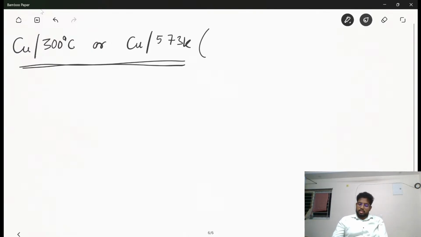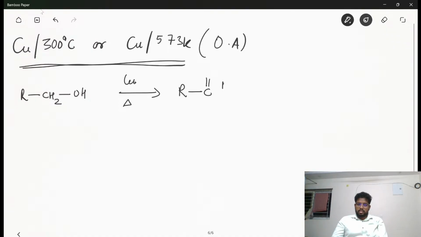This will act as an oxidizing agent, but a mild one. Mild obviously converts the 1 degree alcohol at copper heat, or copper 300, to the respective aldehyde, RCHO. Along with that, I get H2 gas.